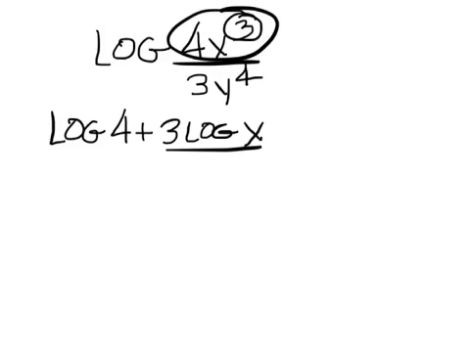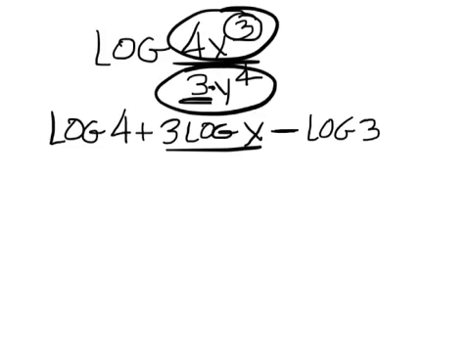Now you get to the division bar, and of course you're going to need minus. You're going to have log 3 to start with from here, but now you have the y to the fourth. That is 4 log y when you simplify it. But yes, these two here are multiplied together, and you would normally put a plus sign in there, but remember you're below the denominator or the fraction bar now, so it's going to be easier just to make it 4 log y.